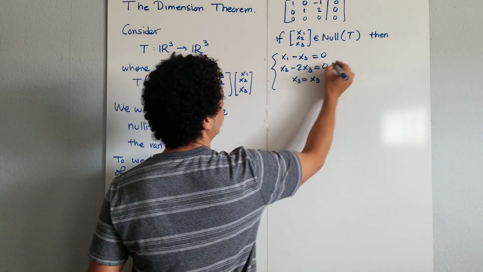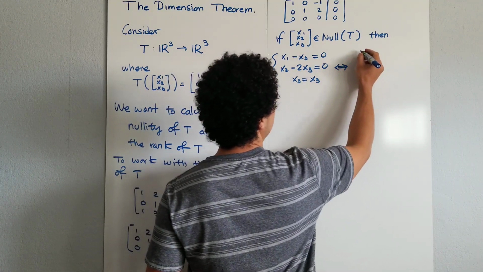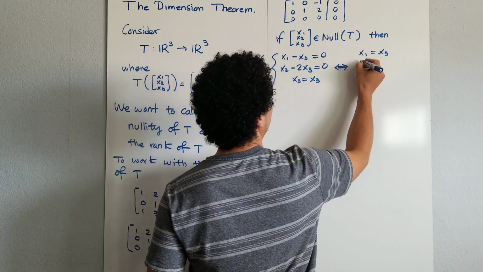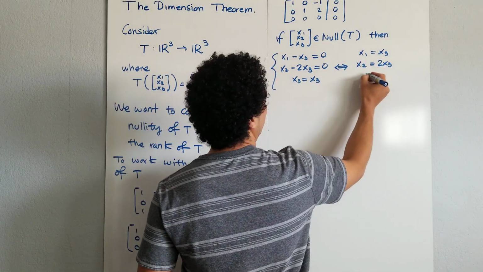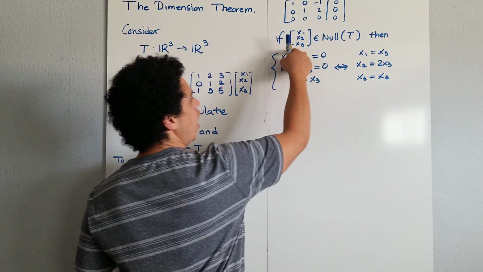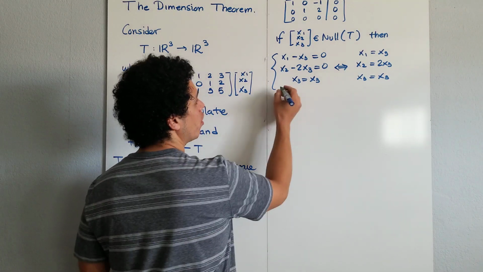But out of the system, we obtain one that is equivalent, which says this. x1 is equal to x3. x2 is equal to 2x3. And x3 is equal to x3. Oh, so if we have a vector that belongs to the null space, we can decompose it in the following way.